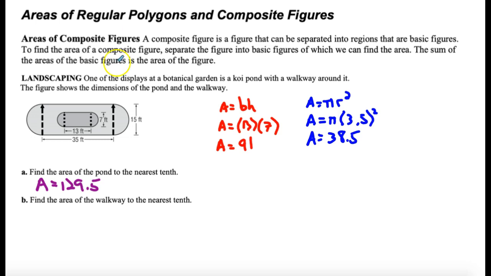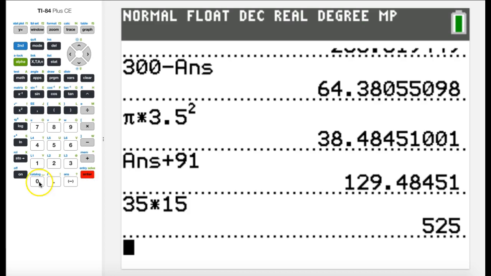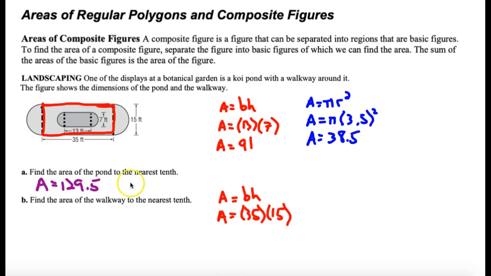So this larger rectangle will be base times height, so 35 times 15. 35 times 15 gets me 525. So the area of that rectangle is 525.